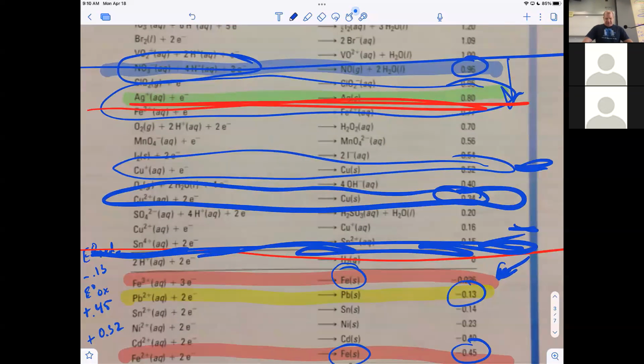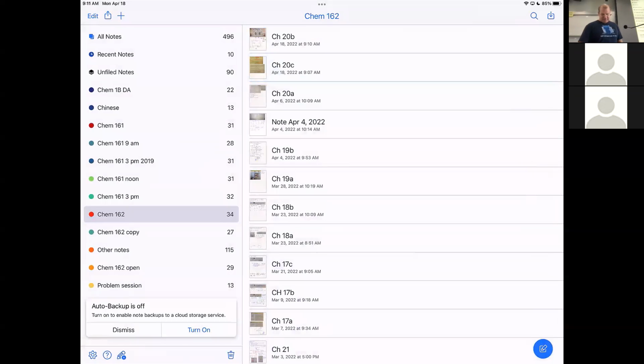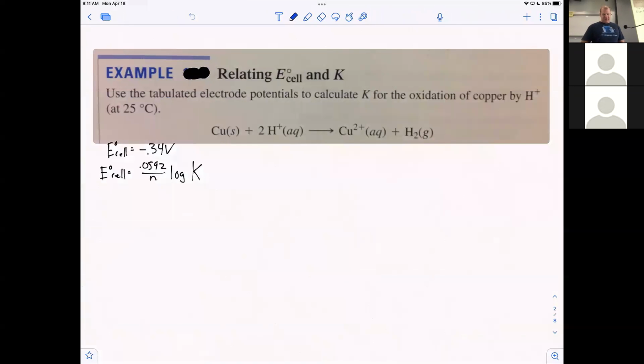So right away you know that this is non-spontaneous because copper is above hydrogen. If it goes forward, it's going to go forward very, very slowly. That gives you a hint right away: you know that K is going to be a small number. But we can use the equations, and I've gone ahead and figured out the E0 cell ahead of you.